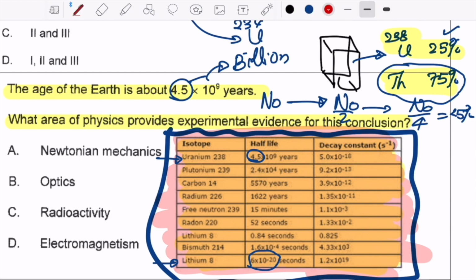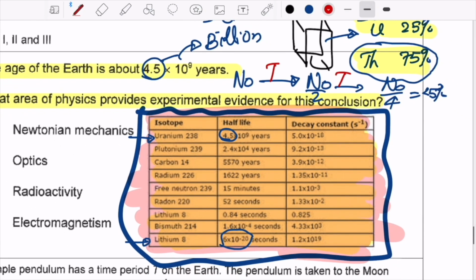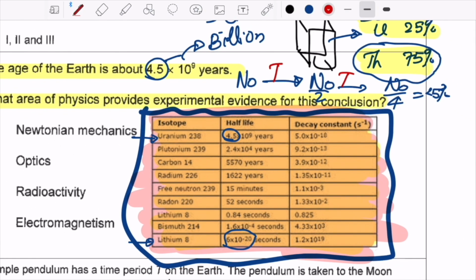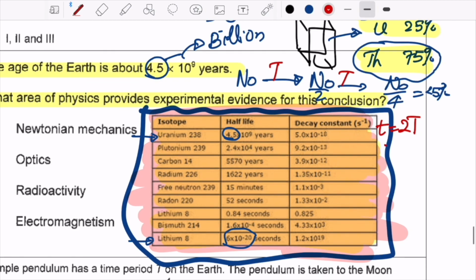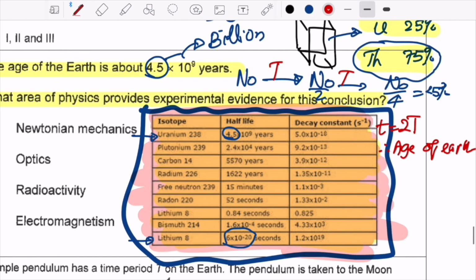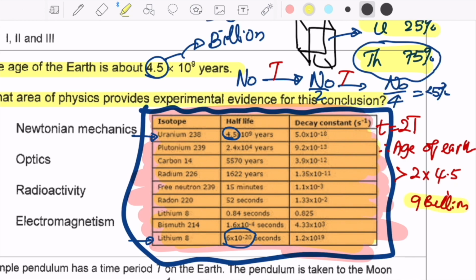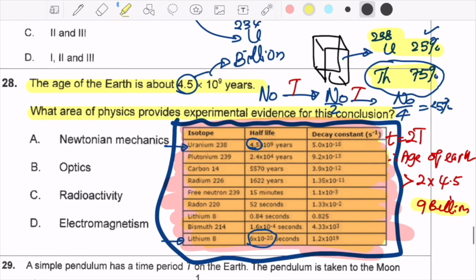How much time does it need? 1 half-life, 2 half-lives. Then you can definitely say it has gone 2 half-lives. The time is roughly 2 half-lives. So the age of the Earth must be more than 2 half-lives, 4.5 billion years. Like that, you can develop an argument based on how much uranium is remaining in a sample.